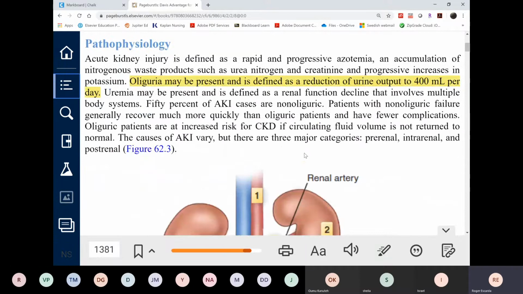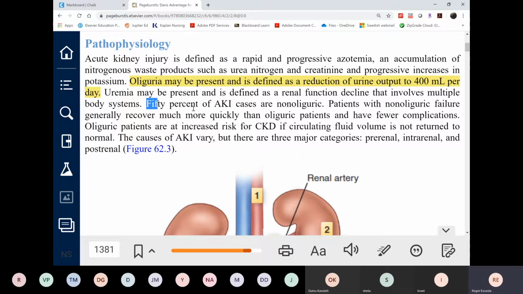The clinical feature of acute kidney injury is oliguria. However, there are some patients who do not manifest with oliguria, but it's a small portion. Maybe 10% of those who go into AKI don't present with oliguria, but most people do. About 9 out of 10 patients with AKI present with oliguria.